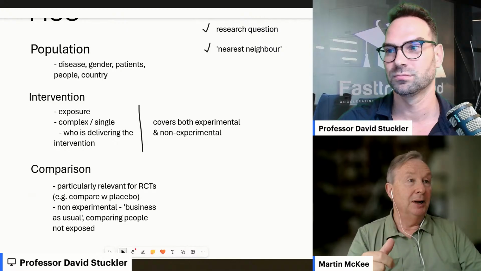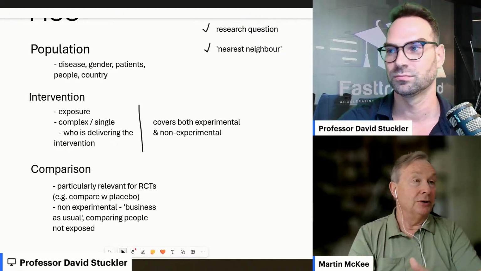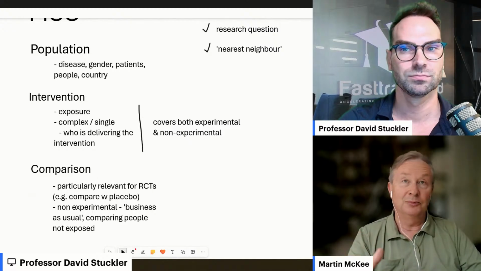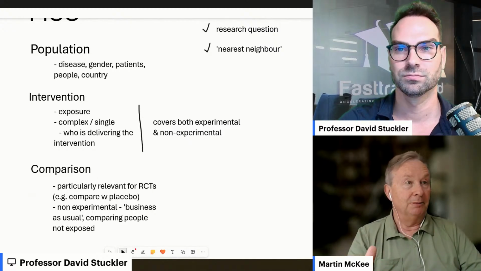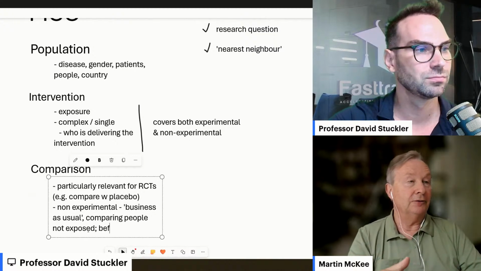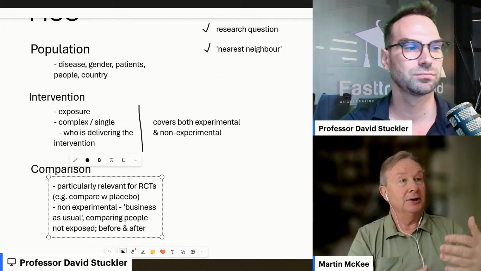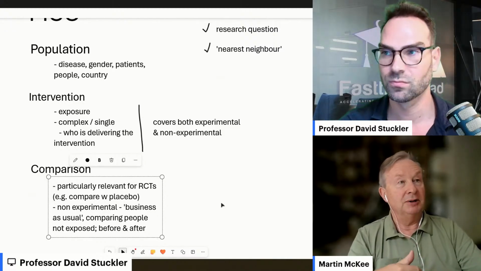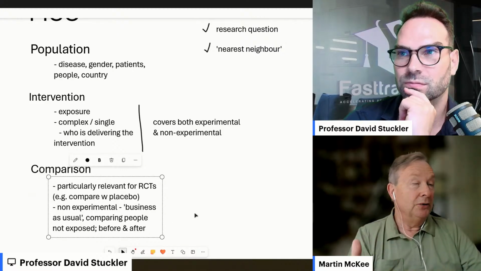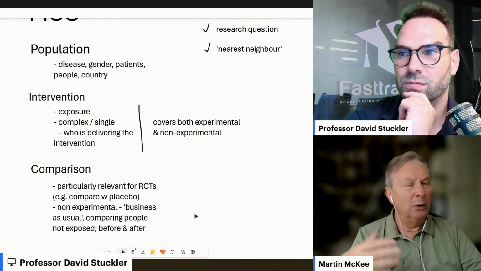Again, you can do before or after. You can have the election or whatever way of coming to power of a different political party who is pursuing populist policies, and you can do a before and after. Or you might be able to compare different places, some of which have regimes that are more populist than others. You can do the same with things like trust and a whole series of other things.